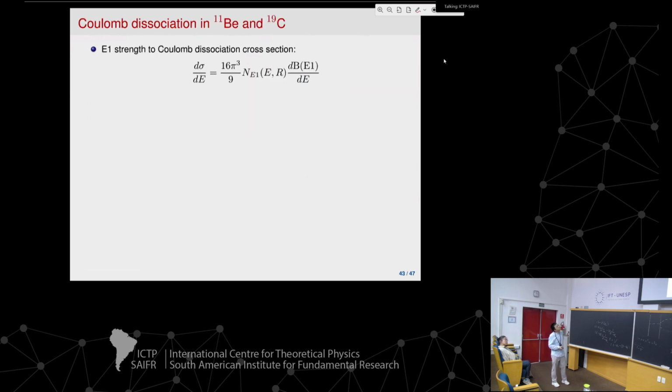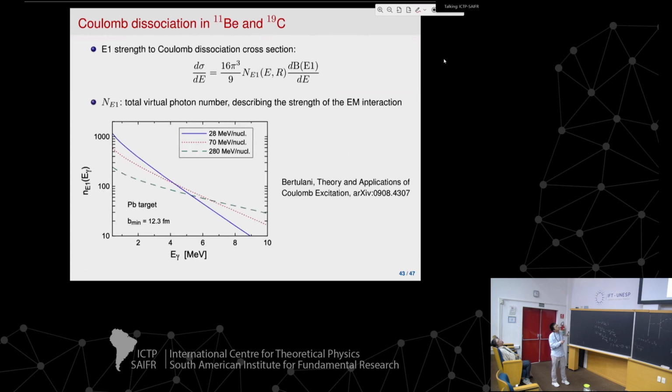But if you move to systems such as beryllium-11 and carbon-19, what is measured is the Coulomb dissociation cross-section. It's related to the E1 strength with additional terms called the total virtual photon numbers, related to the impact parameter R, describing the strength of the electromagnetic interactions for different systems or different experimental setups.